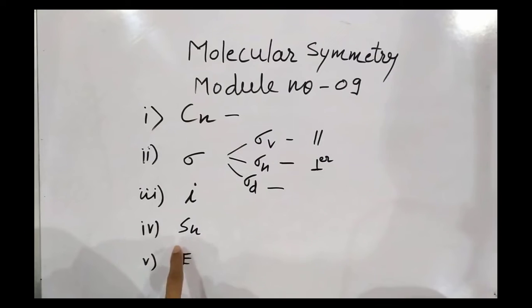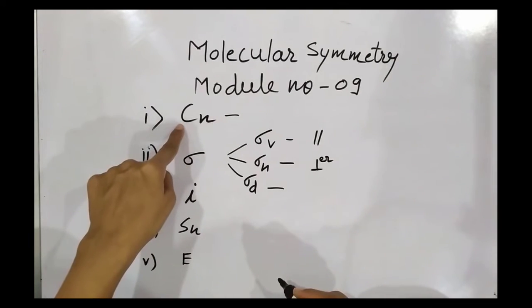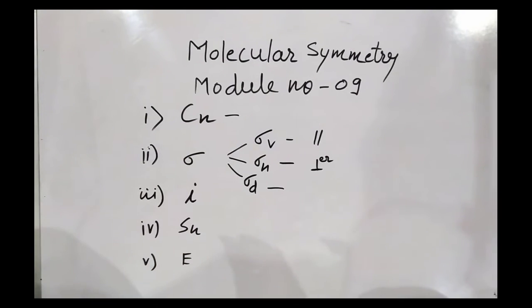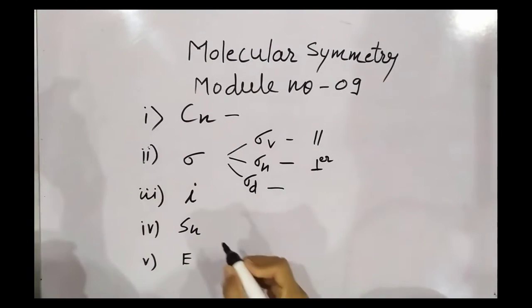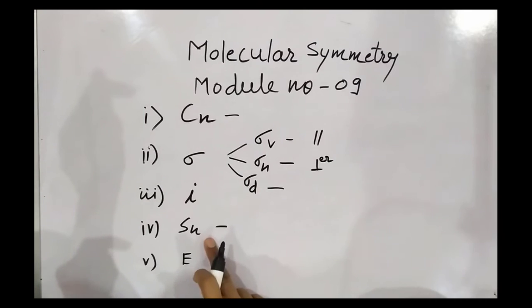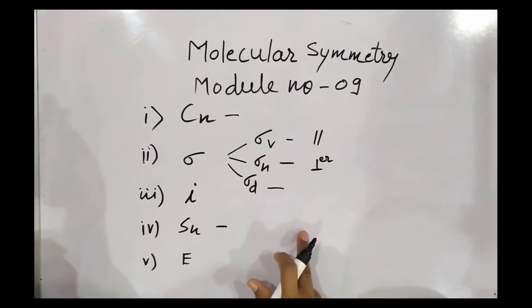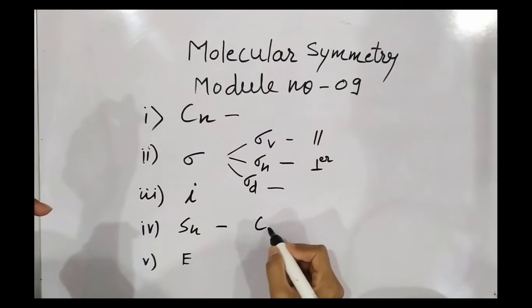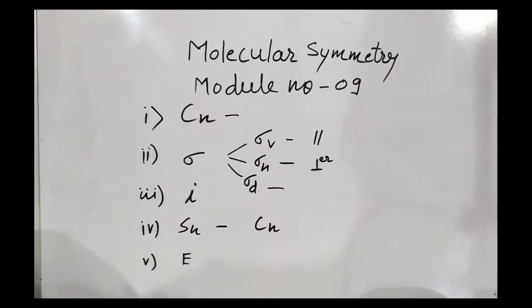Alright. The next one was Sn. Sn is called the improper rotational axis. Cn was the proper rotational axis and Sn is the improper rotational axis. It is also called the rotation followed by reflection operation. Means first we have to carry out rotation, means Cn, and then we have to carry out the reflection, means mirror plane.